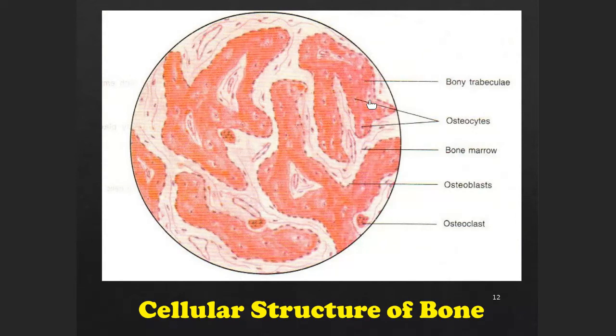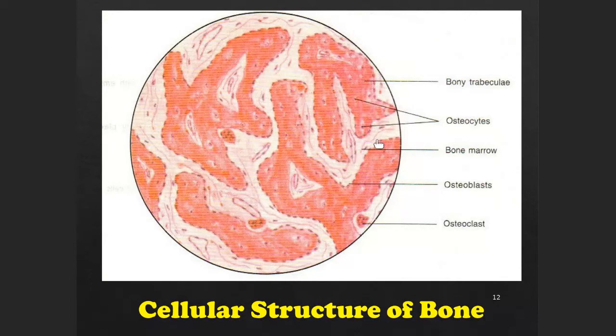So that is clear. Now what are these areas, where you can see blood vessels, and somewhere you can see osteoclasts also? These are your bone marrow. You remember we discussed that bone marrow consists of blood vessels which help in circulation of blood and provide vitality and nutrients to the bone.